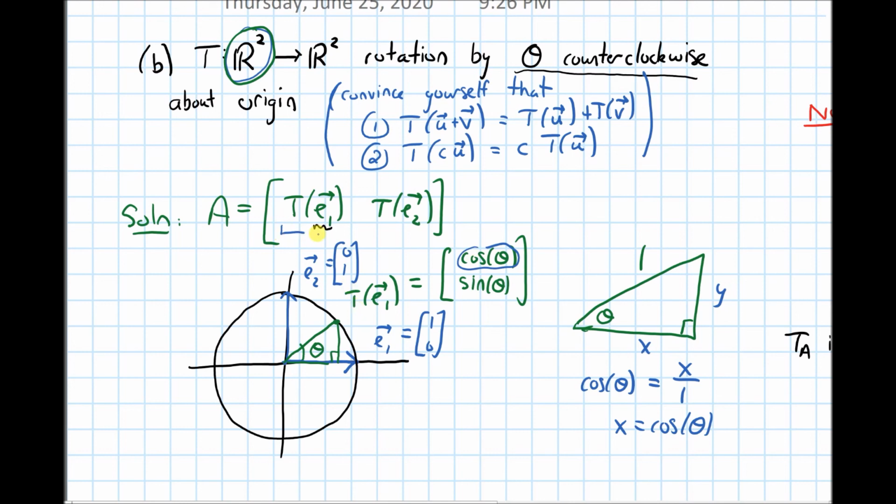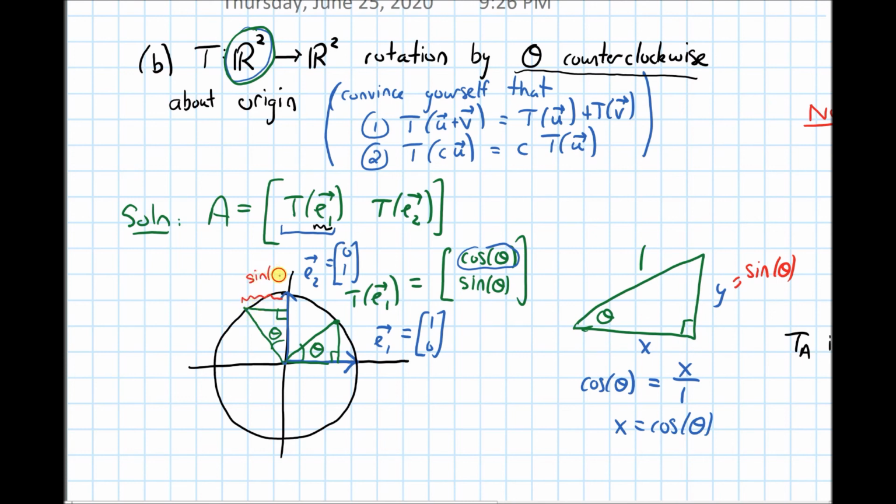I know what the first column should be. So let's also rotate E2 by an angle of theta counterclockwise. I do the same right triangle thing. I know this vertical length is going to be sine of theta, and by symmetry, that corresponds to this length right here.